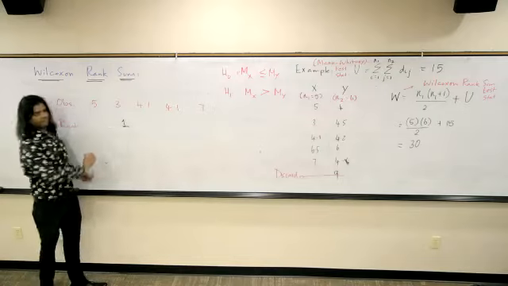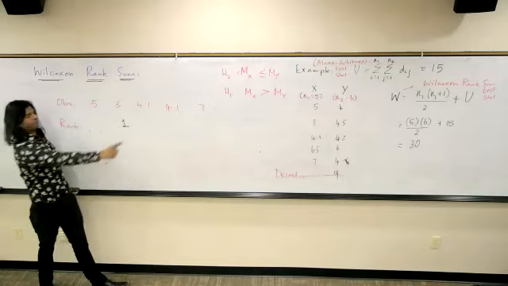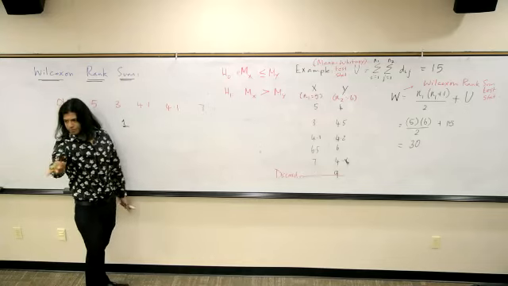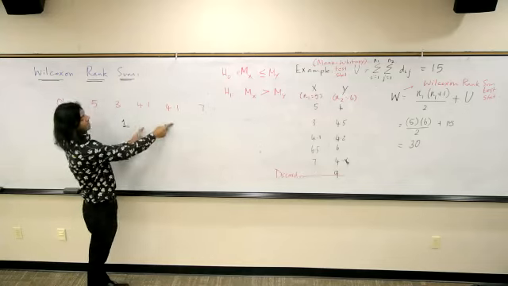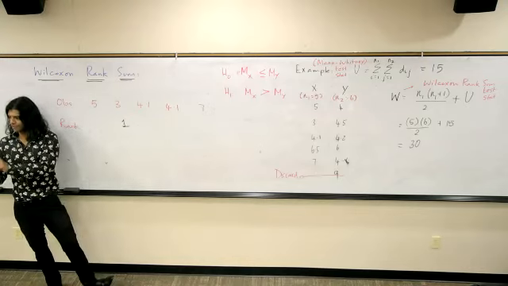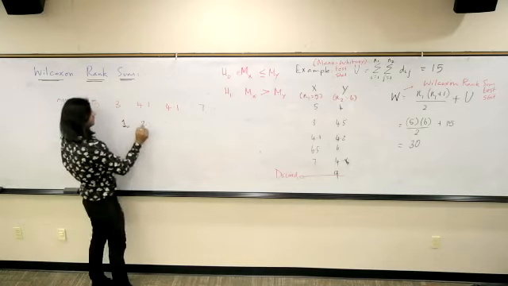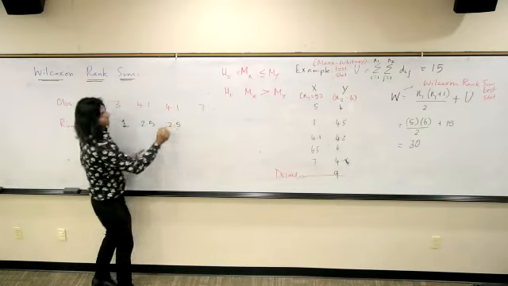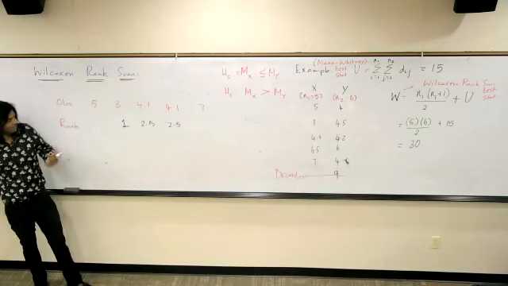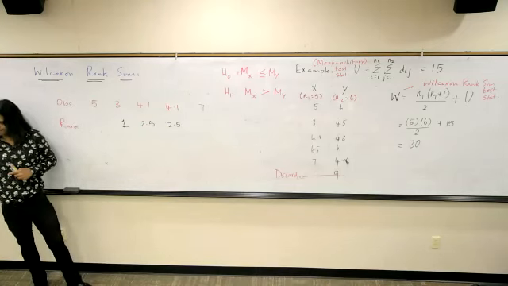So I'll assign 1. If that were to be different, I assign 2, 3. But here, since they are the same, I'm going to assign the average of 2 and 3, which is 2.5. I have accounted for 1, 2, 3, so that leaves me with 4 and 5. Yes.